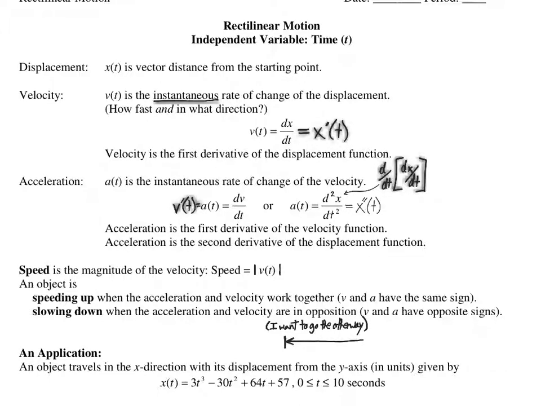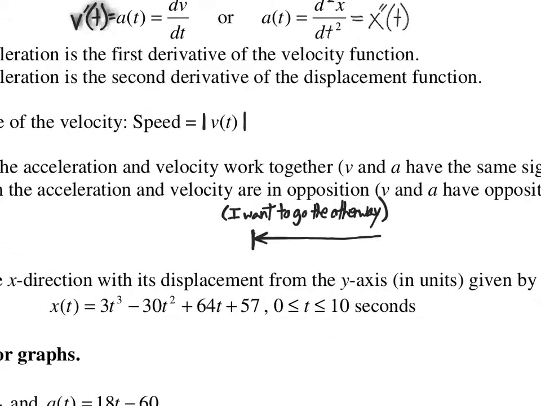So now you start trying to go the other way, yet your momentum is still carrying you this way. At that moment, we have a negative velocity because we're moving to the left, right? We still have a negative velocity, but what would our acceleration be? It's positive. We are trying to go the other direction.